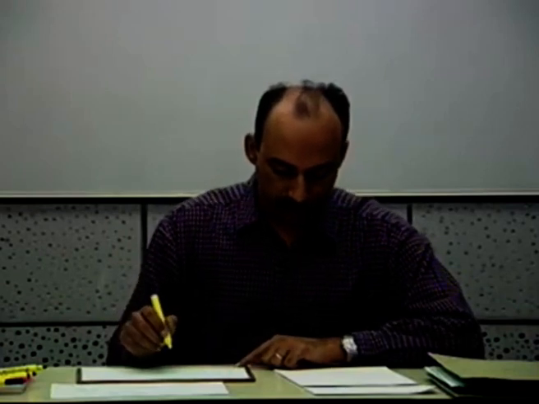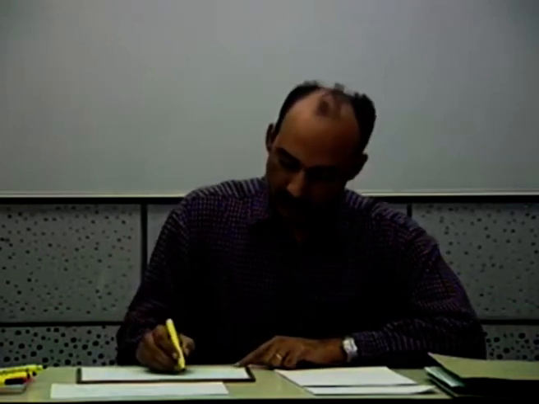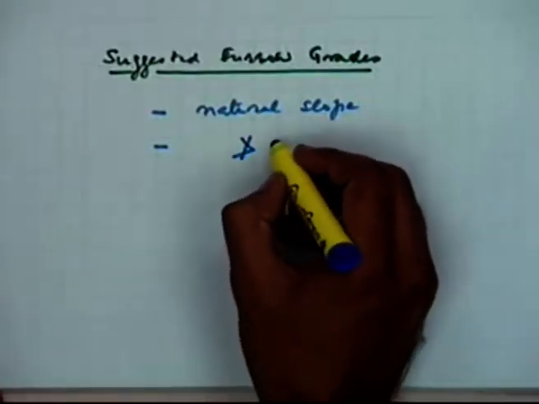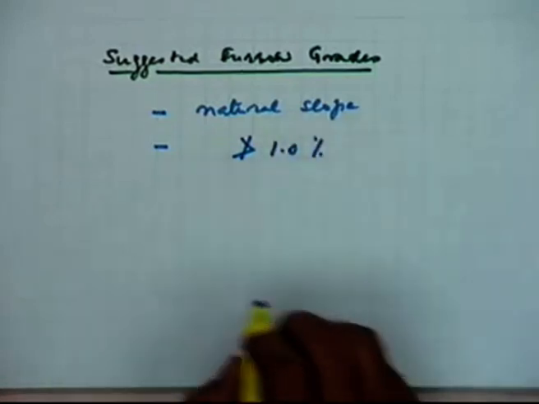Similarly, the grades which are generally adopted in furrows, they shouldn't be more than 1.0%.